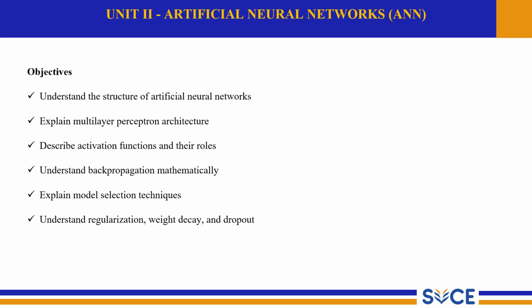You will also learn to describe activation functions and their roles. Activation functions like sigmoid, tanh, ReLU, and softmax determine whether a neuron fires and introduce non-linearity, which is essential for solving complex problems. Another important learning objective is to understand backpropagation mathematically.